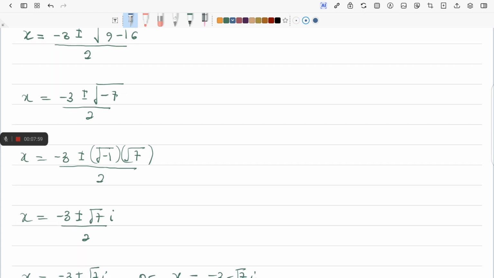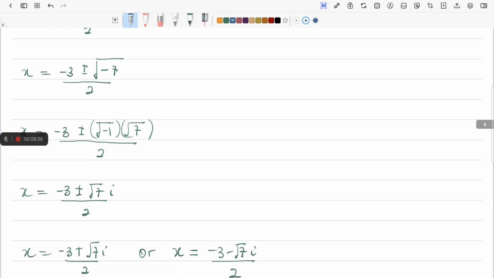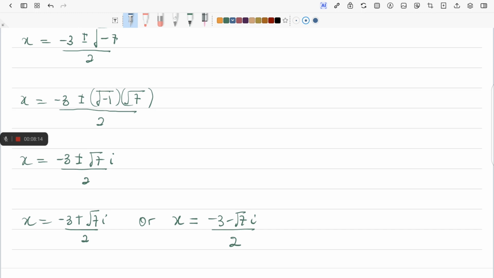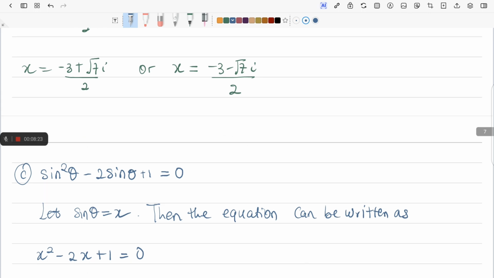Now, square root of minus 7 can be written as root minus 1 times root 7, since minus 7 is minus 1 times 7. And the root of minus 1 is the imaginary number i. And so we have x equals minus 3 plus root 7 i over 2, or x could also be minus 3 minus root 7 i, all over 2.